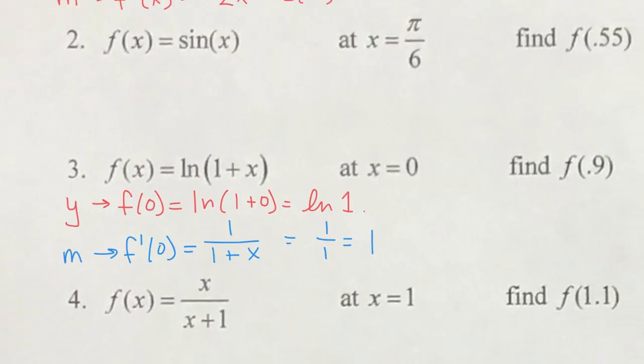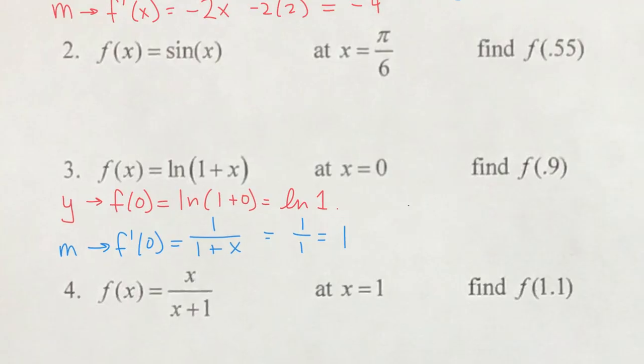So let's write our equation of our tangent line. Y equals 1 is the slope, so I don't have to write that. X minus 0, I don't even have to write that. So x plus the natural log of 1.